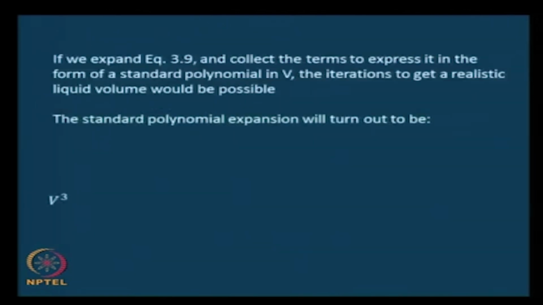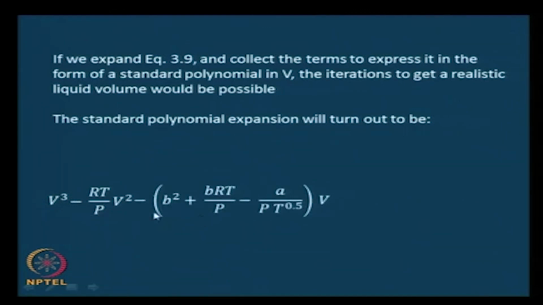and that was obtained by writing the Redlich-Kwong equation, expanding, multiplying, taking out common terms, cross multiplying, and representing it as a polynomial expression in V. So, that was V cubed minus RT by P into V squared plus (B squared plus B RT by P minus A by P T power 0.5) into V minus AB by P T power 0.5 equals 0.